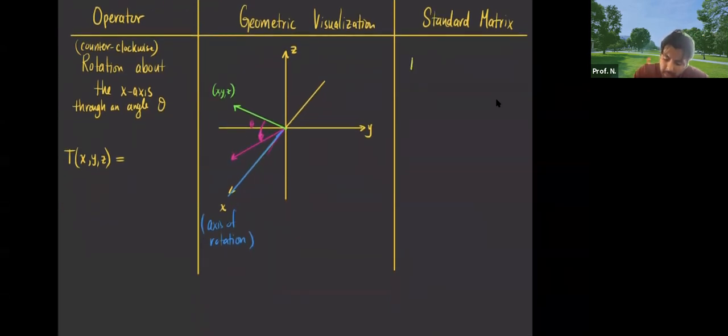Well, again, we can look at the e1, e2, and e3 case. With these cases, I think I can have a better understanding of what happens. So take e1. e1 is actually on the axis of rotation. e1 is 1, 0, 0. What happens when I take 1, 0, 0 and rotate it about the x-axis?